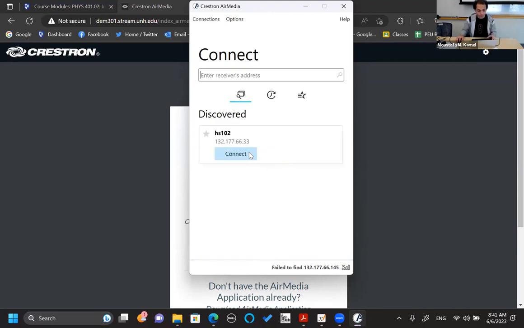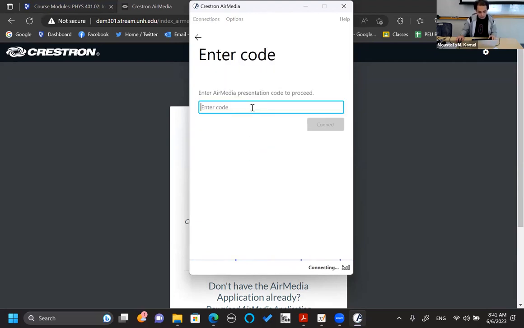Can you tell me what code you see on this? I can't hear you. Can you raise your voice a little?